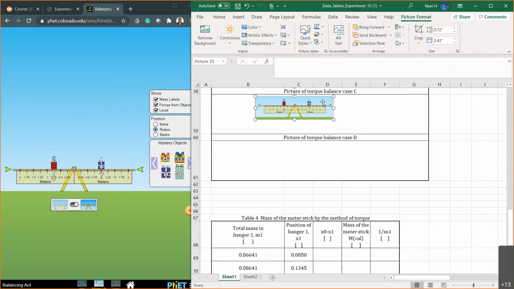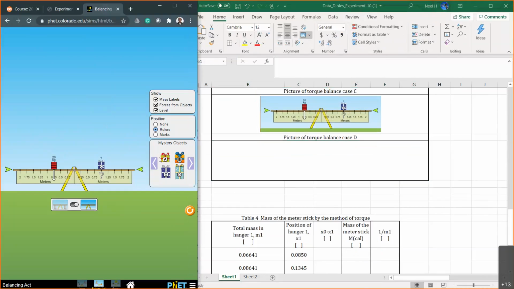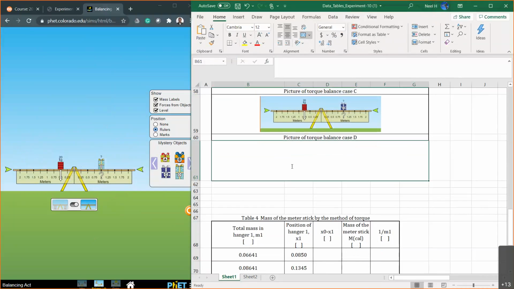Okay, then let's take a look at one other case. The last part is actually we're going to do by using the in-class dataset. Right. Last case, let's bring the other object, object D. And see, if I move the 20 kilograms to the 0.5 location, it will balance perfectly. Take the screenshot. That should go here.